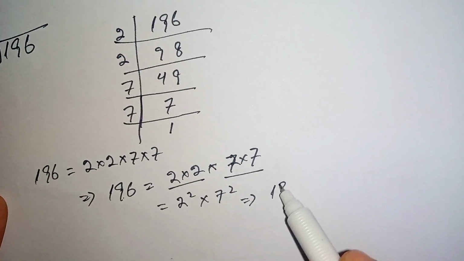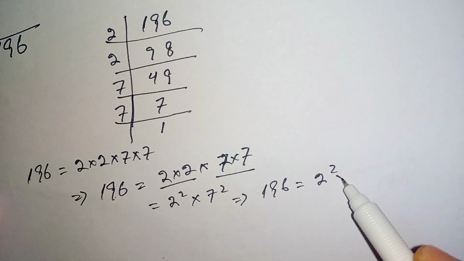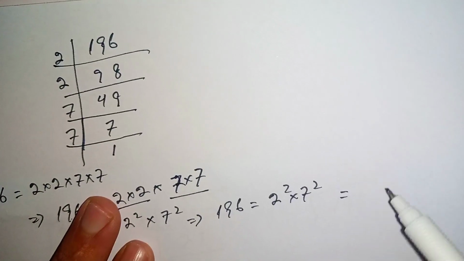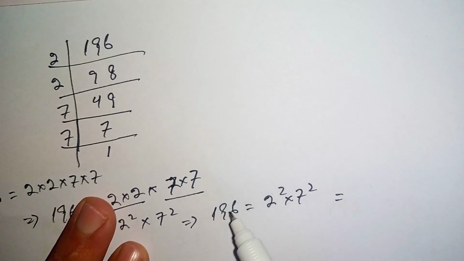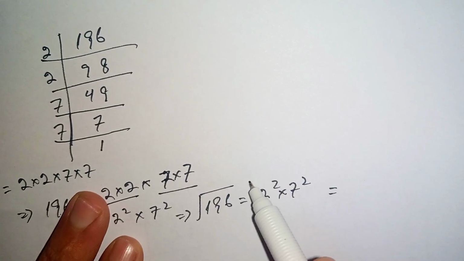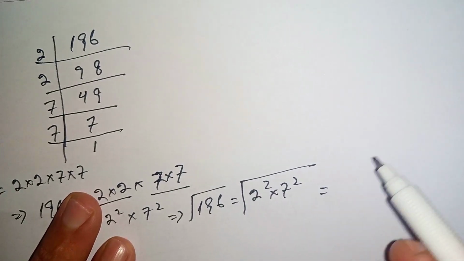So 196 is equal to 2 square multiplied by 7 square, right? Now we will take the square root of both sides.